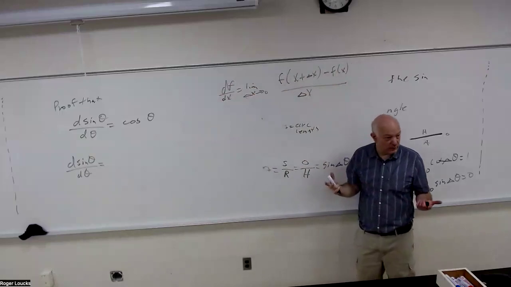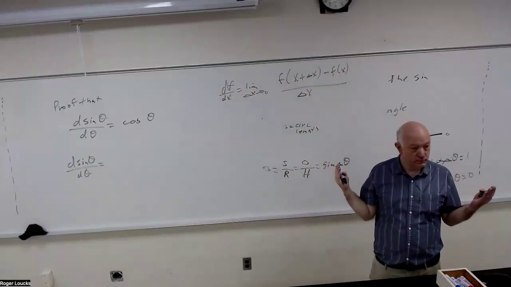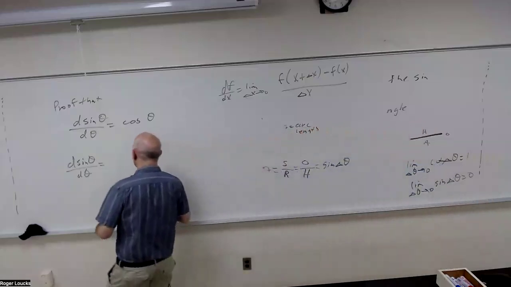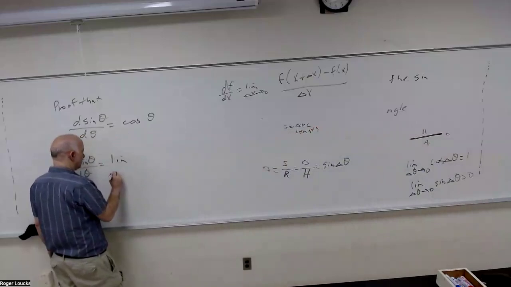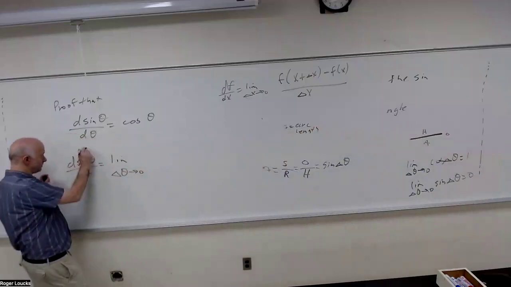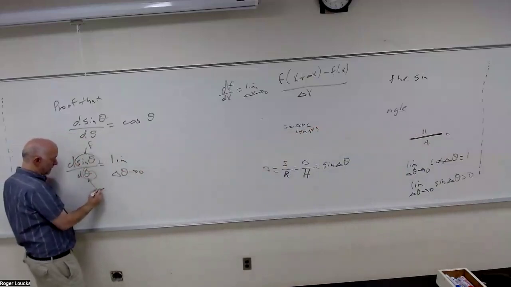So let's use this in this case here. And in this case, what is my function? Sine of theta. So here I'm going to take the limit as delta theta goes to 0. Here's my function f. This theta here is acting like my x.